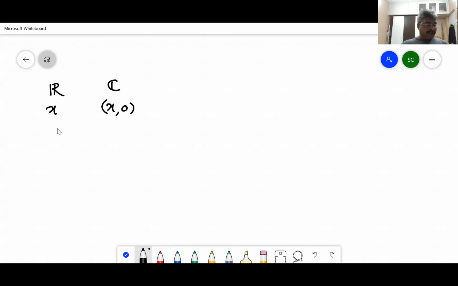In real numbers, when we said x1 plus x2, in complex numbers we said x1 plus x2 comma 0. In real, as far as definition, this was our first understanding. This was our second understanding.